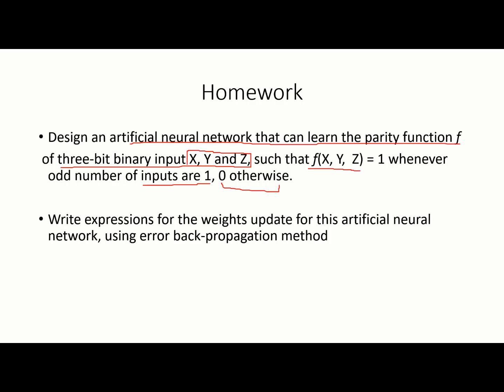This will be a bit more complex than the example that we discussed in the lecture. Try to write an expression for how you are going to update the weights or the coefficients of the neural network using the backpropagation method.